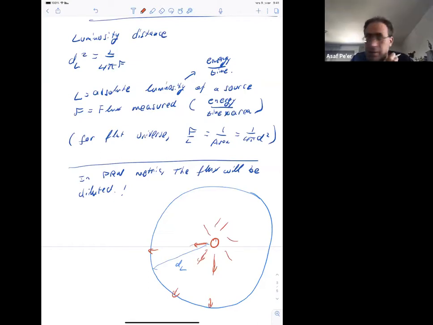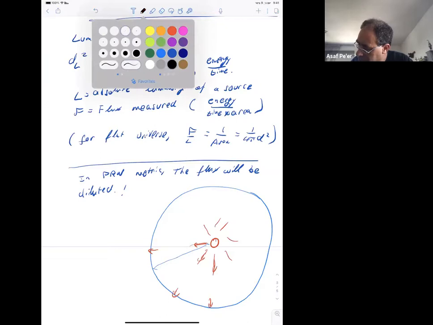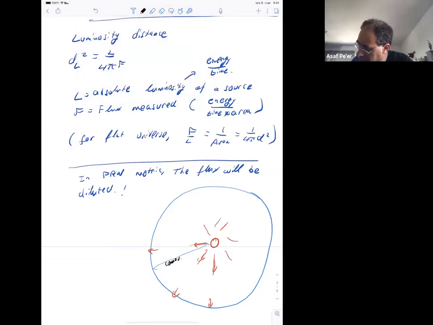right? And if the sphere is at co-moving distance, so maybe I should not say dl, I should say co-moving distance is r, right?